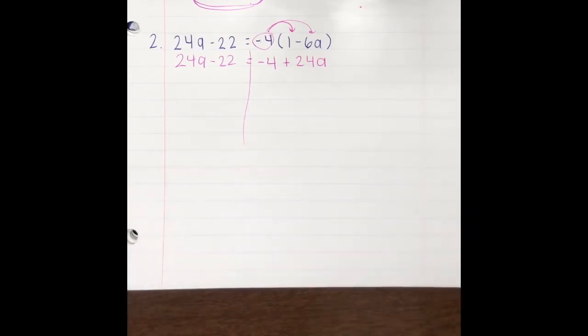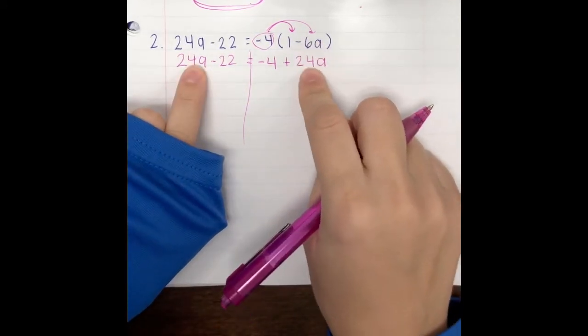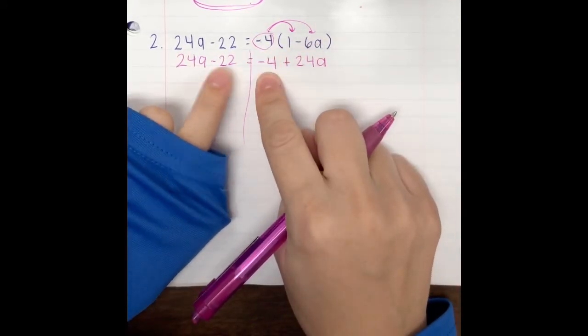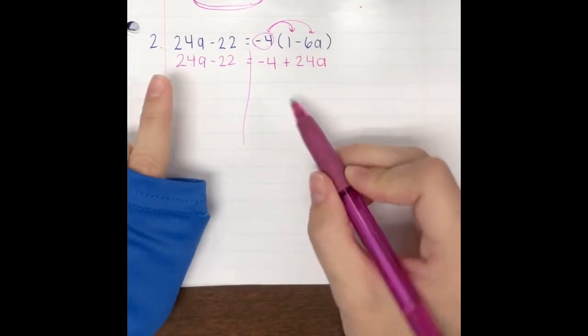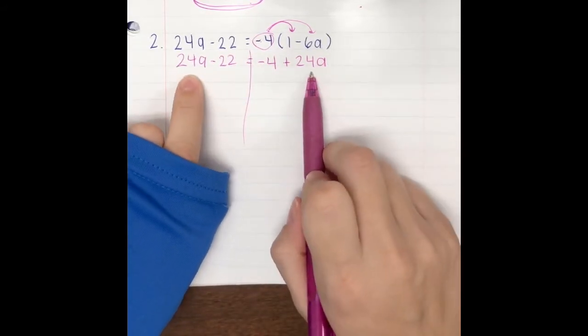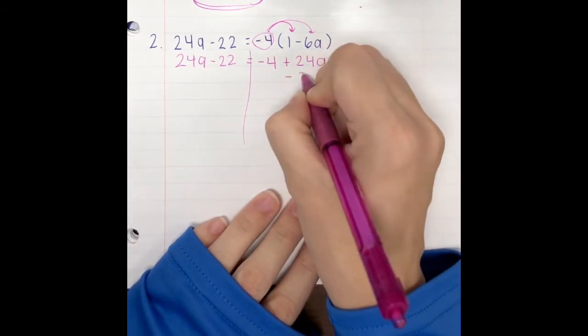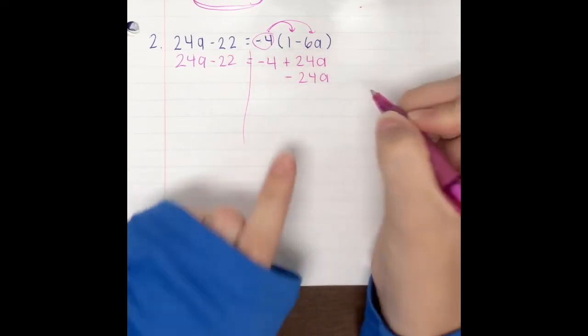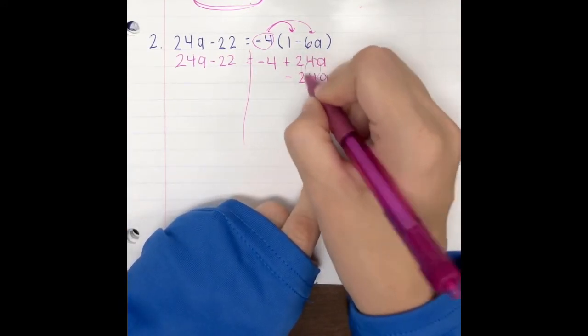So notice, just take note that the variables are the same and then our terms without variables are different, okay? So let's look. If I were to get my variables on the same side, once again, doesn't matter which side we choose to move them to. So if I just subtracted 24a away on this side, 24a minus 24a would be 0.